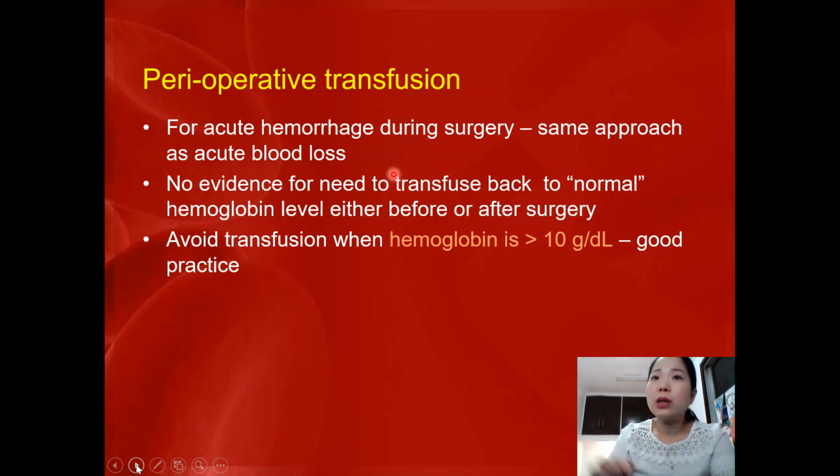So for an acutely bleeding patient during surgery, the same approach is done as that in the previous slides when you have an acute blood loss, a patient having acute bleeding. So again, there's no evidence for the need to transfuse back to normal if the hemoglobin level is either before or after surgery. Okay? So when I had my CS, my hemoglobin before I gave birth was already 91.